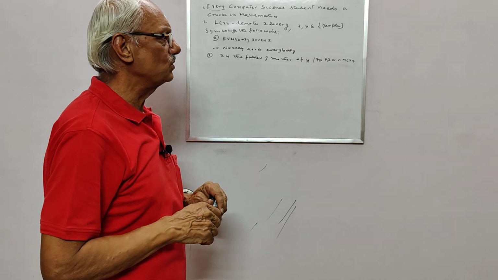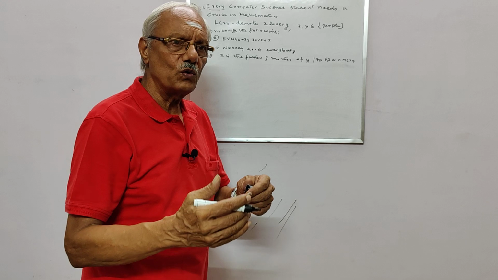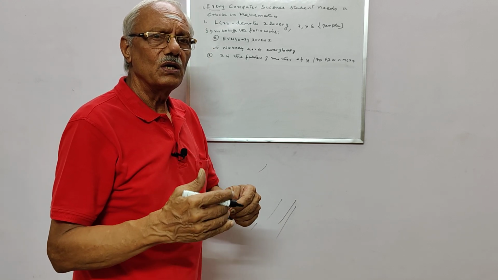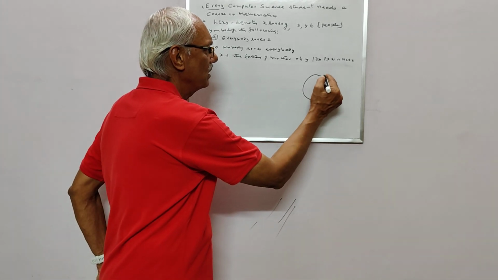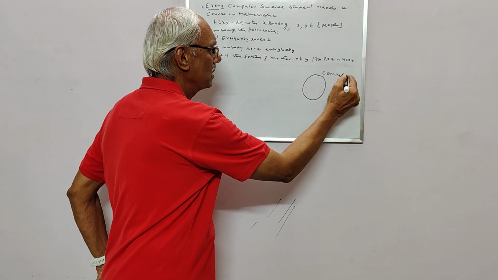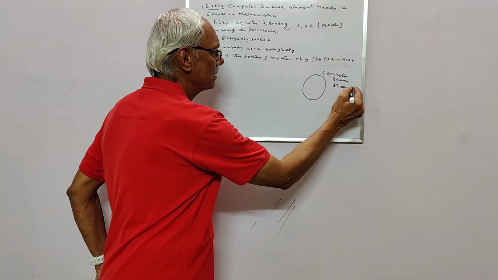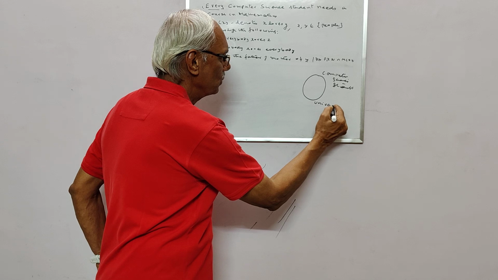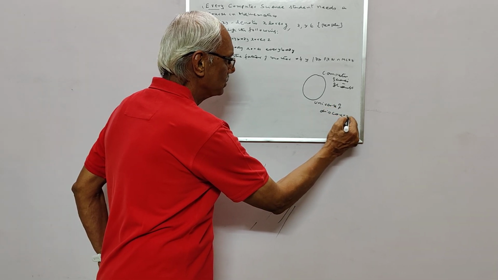Every computer science student. So you see that if I take the set of all computer science students as my universe of discourse, that is called the universe of discourse.